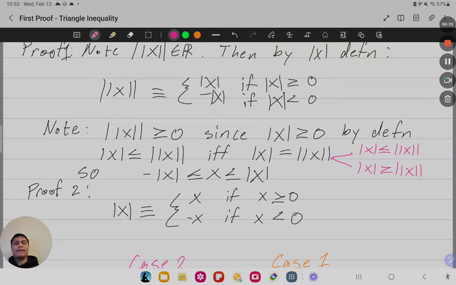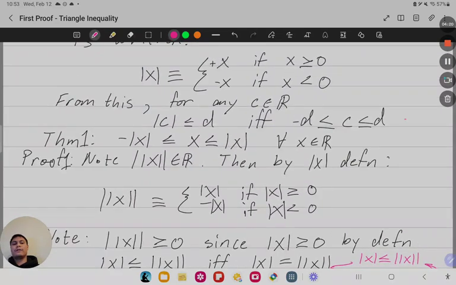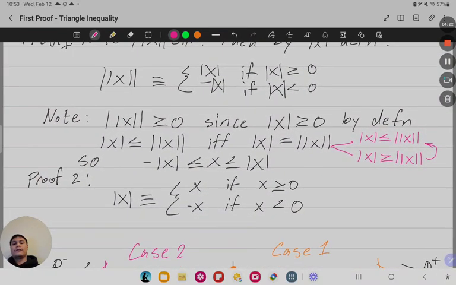And since these are by definition equal because they're both positive, this is going to be the same as that. And so we actually only have one case. And so by definition of our corollary over here, we can say that x is going to be between the negative absolute value of x and the positive absolute value of x.